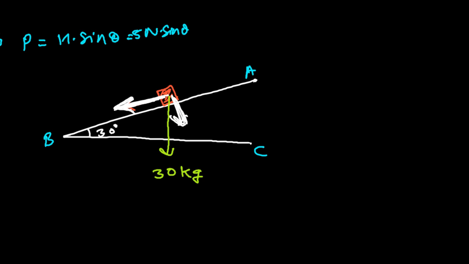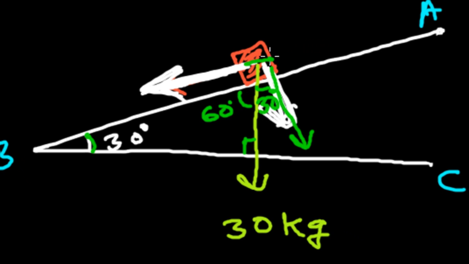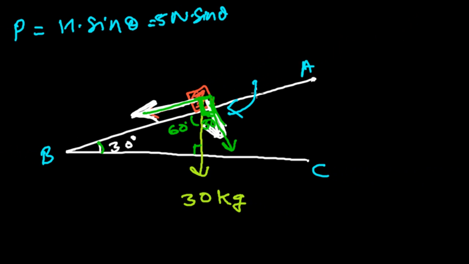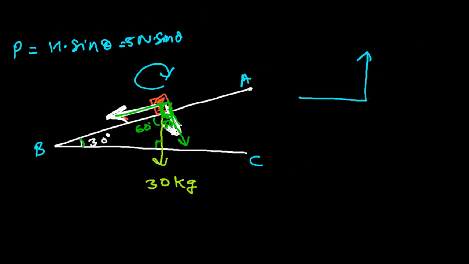We have to use a little brain. This is 30 degree, so this will definitely be 60 degree, and this will be again 30 degree. This is 30 kg. If I'm extending a little more, again keep in mind that these are 90 degree. These components are at 90 degrees. If I'm turning it like this, then it will be something like this, with 30 degree and 60 degree.